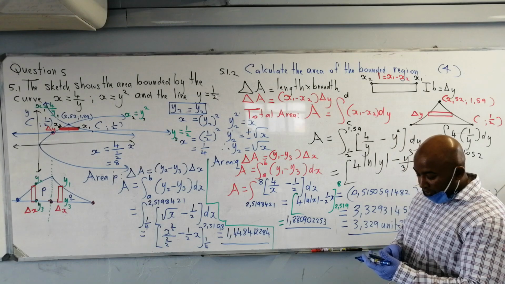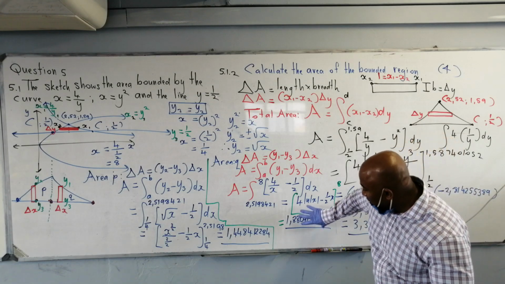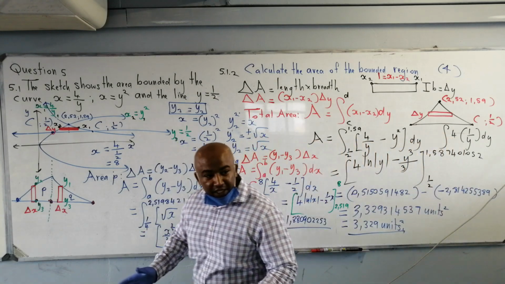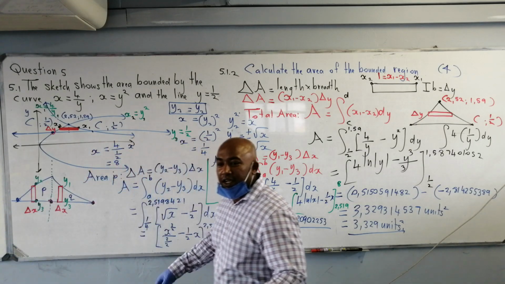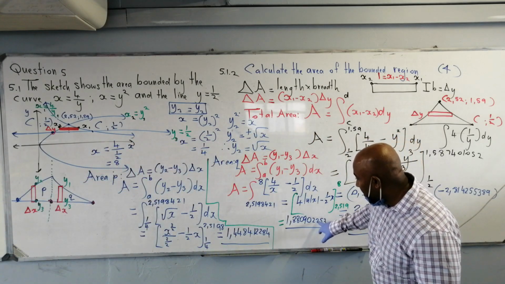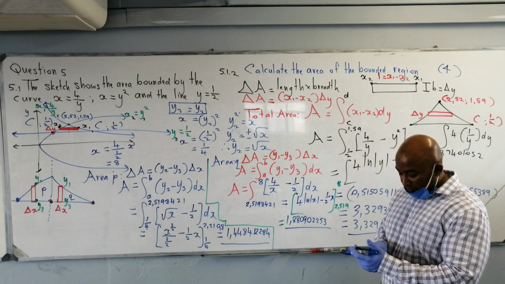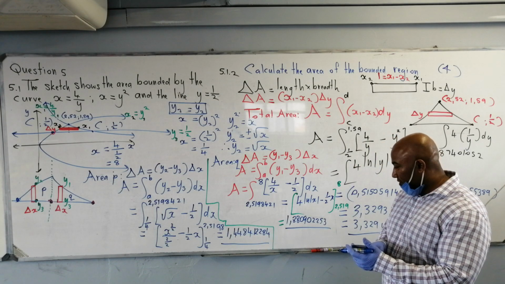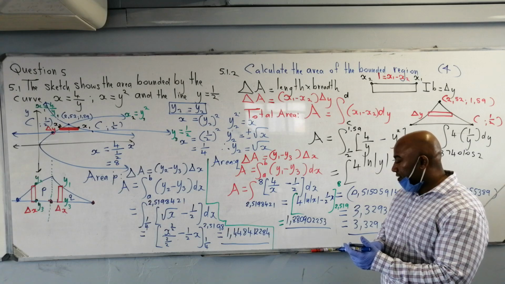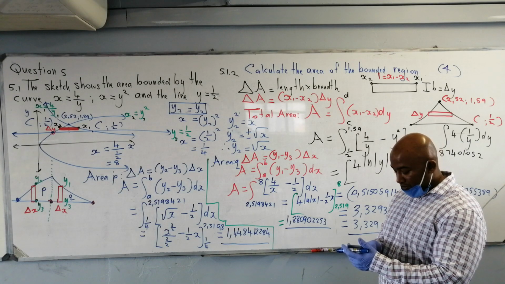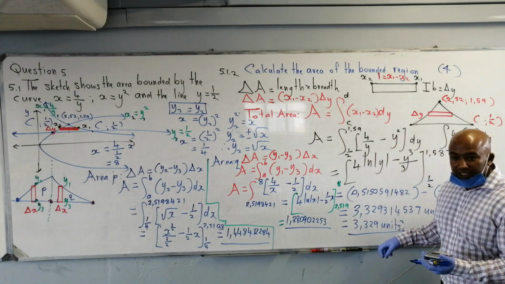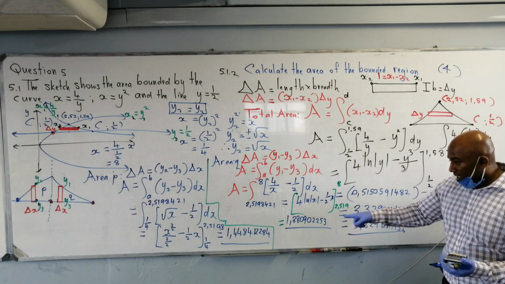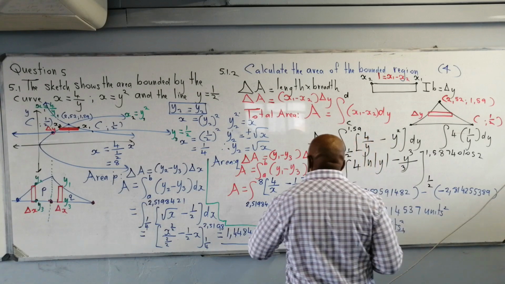So therefore, what do we need to do? We need to add the two up because we split the area into two. So we work out the sum of both and let's see what happens. So we add there plus 1,4,1,4,4,8,4,1,2,2,8,4, 3,329. Perfect. You can see that if you add these two up, you get the same thing.